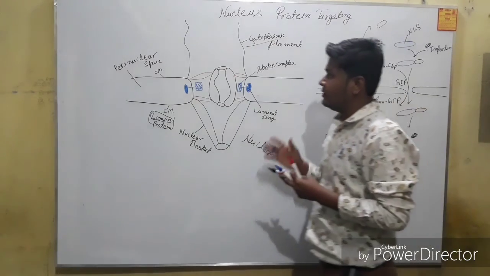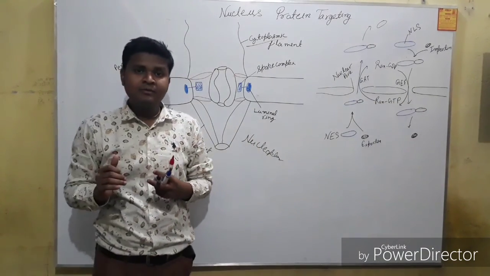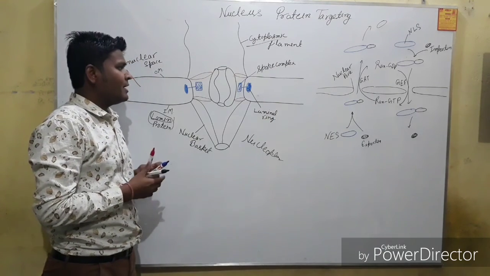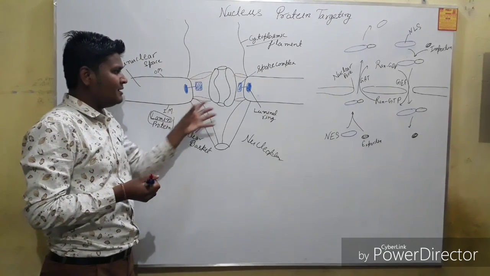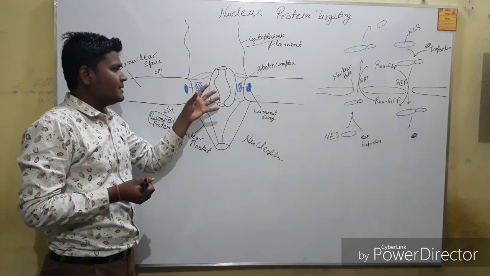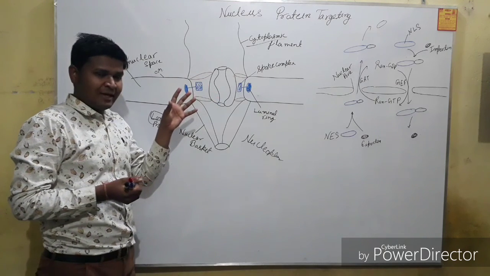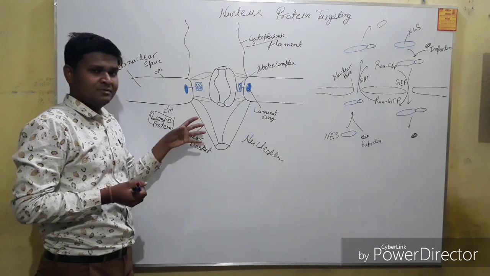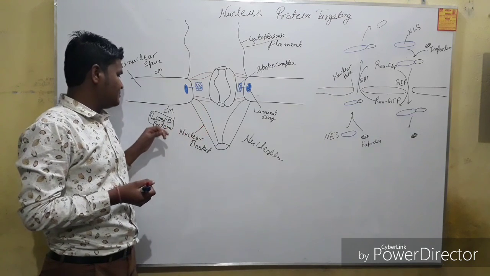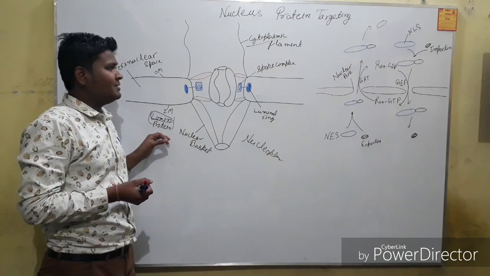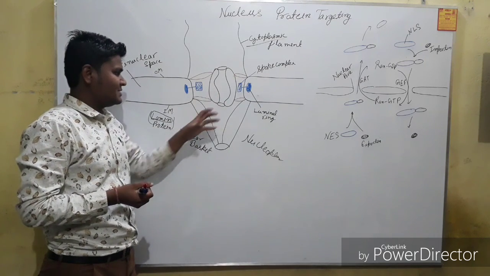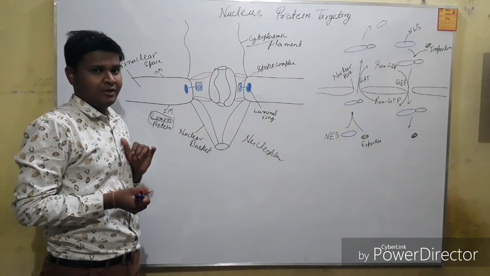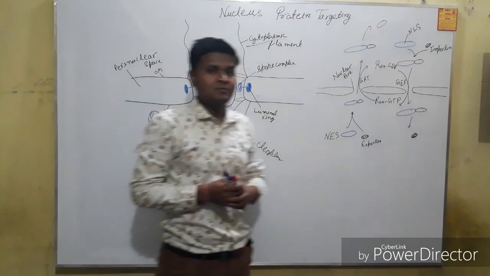This is all about nuclear protein targeting. I also want to show the nucleus complexity. This protein is important for the nuclear structure, which is known as lamin protein. Okay, thank you friends.